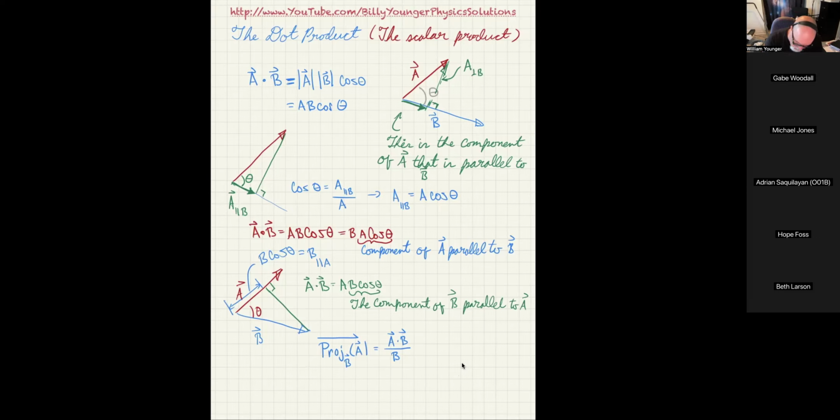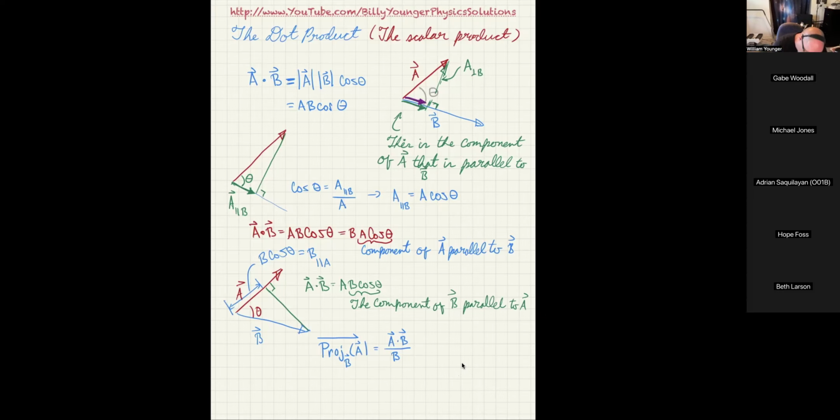Let's do this with a purple vector. The projection of A onto B would actually be on this guy. It's the same as that green vector I drew. I'm just drawing it again while it's fresh in your mind.